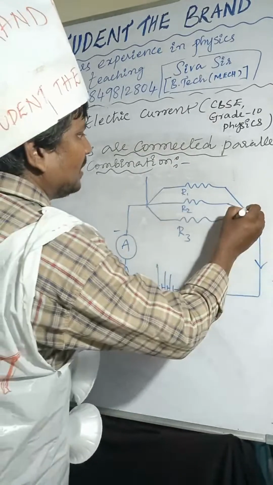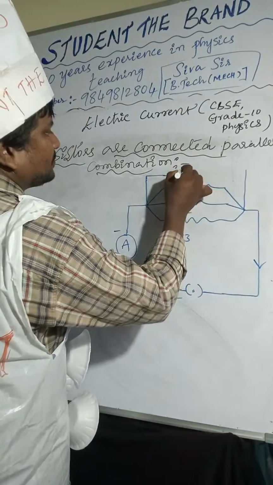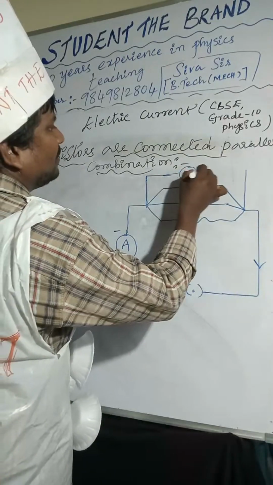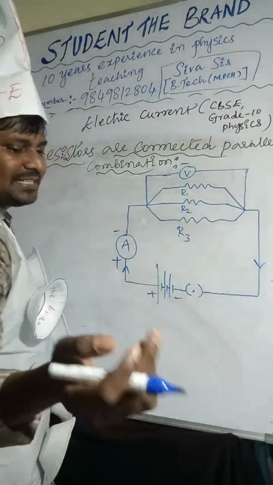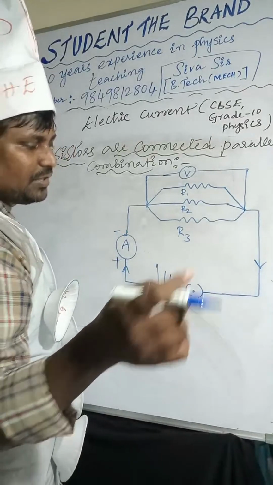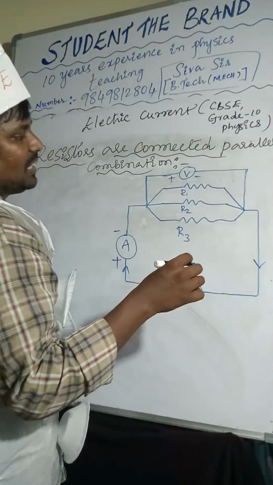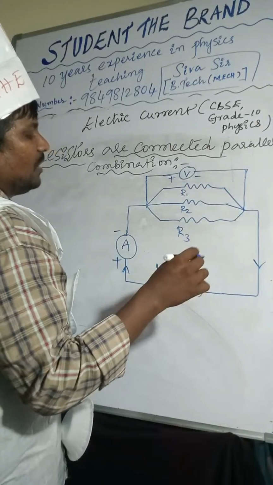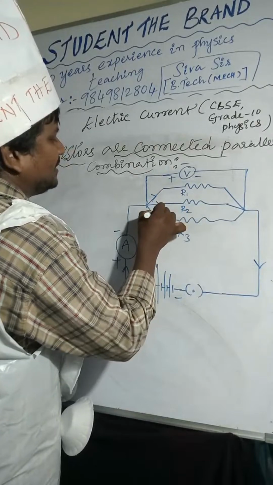Someone asked whether the current flowing through should be series or parallel. Now we are considering a voltmeter. According to the junction, current passes from the positive terminal to the negative terminal like this. So it is a parallel combination only if the current is dividing.